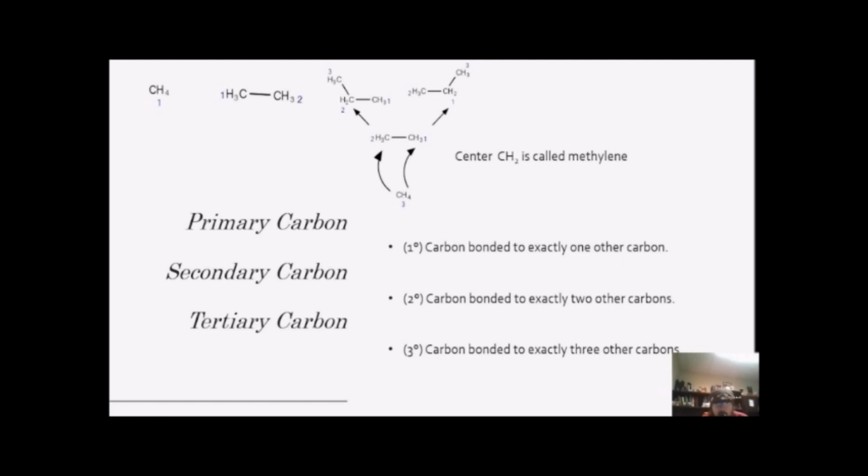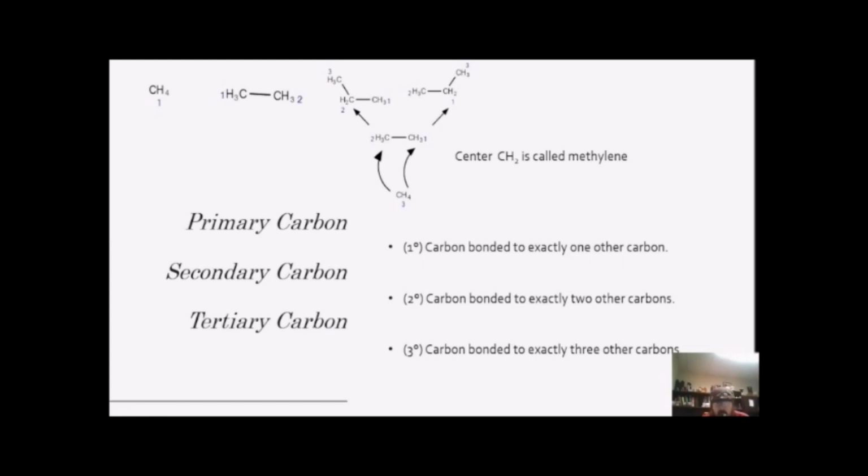The center carbon, the center CH2, is often called a methylene group. So what we're doing is taking a primary carbon and turning it into a secondary carbon. When we talk about primary, secondary, and tertiary, we're talking about how many carbons are attached to a specific carbon. A primary carbon is bonded to exactly one other carbon.